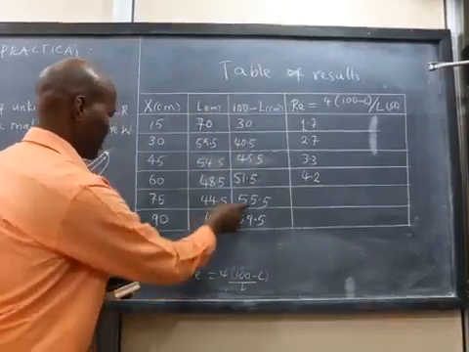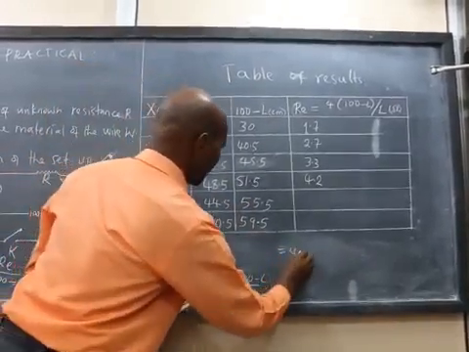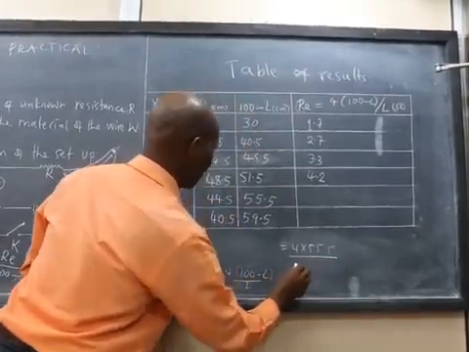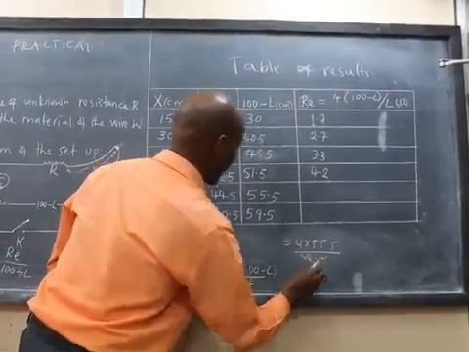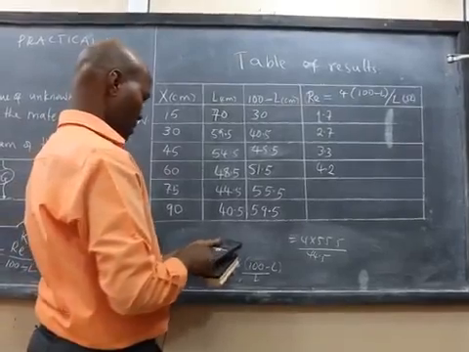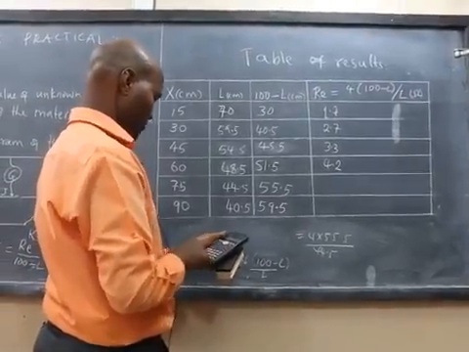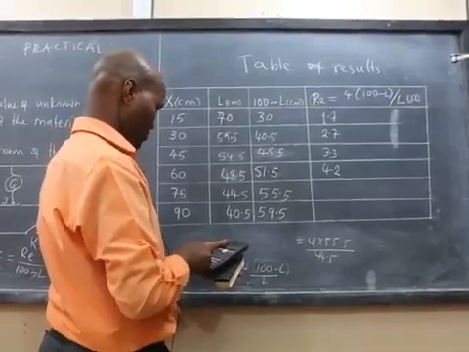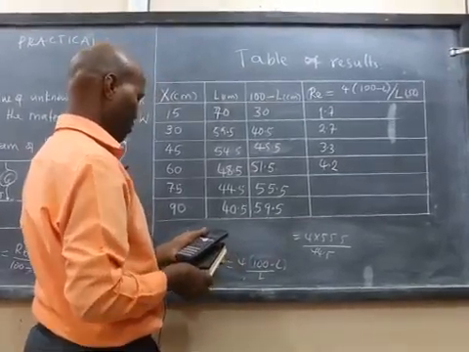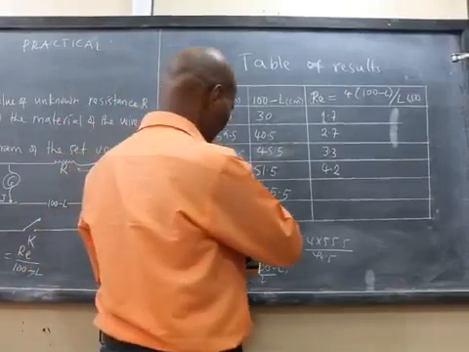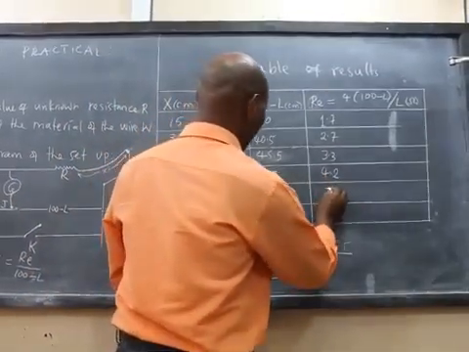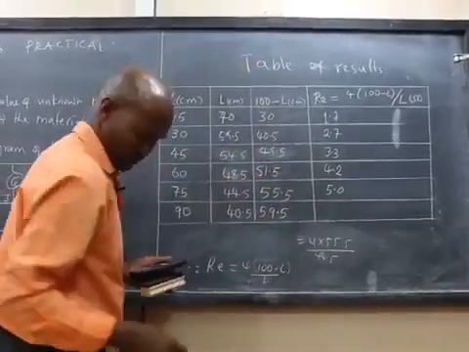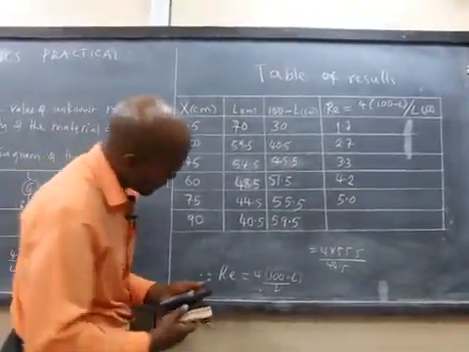This one here now is 4 times 55.5 divided by 44.5, you get 4.9, approximately 5 exactly. Okay, 5.0. Now let's move to the last experiment.